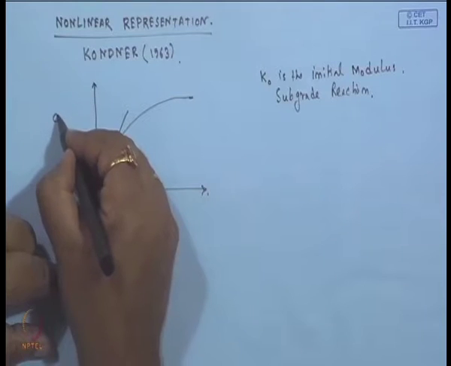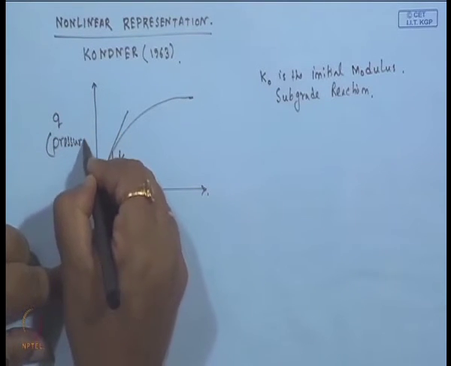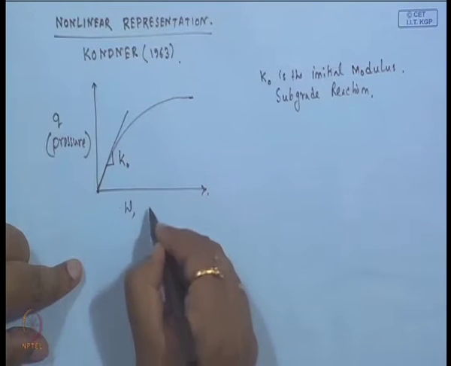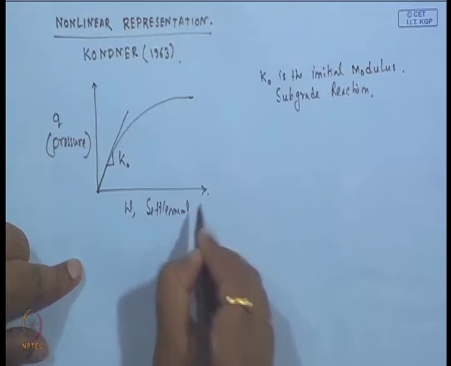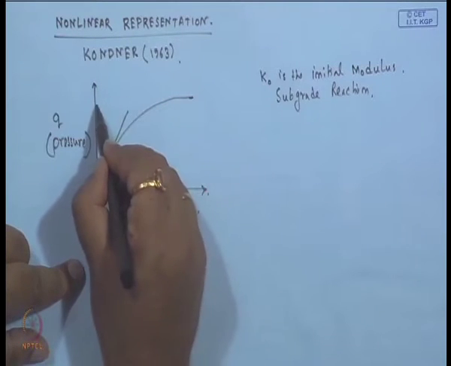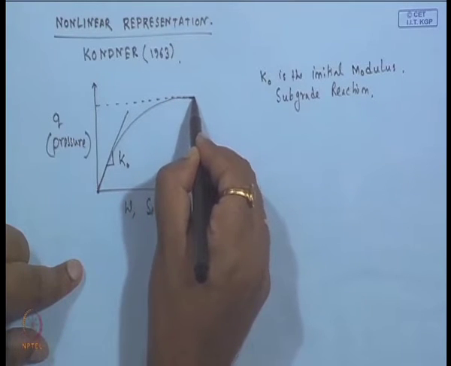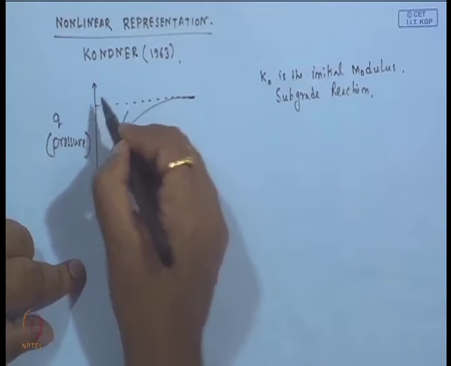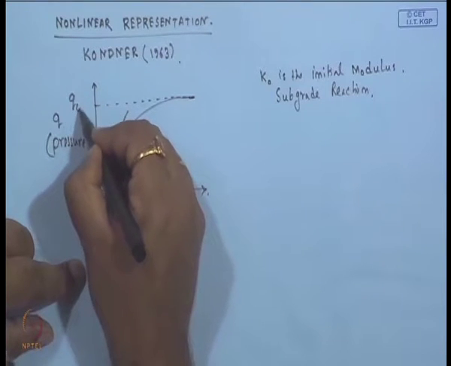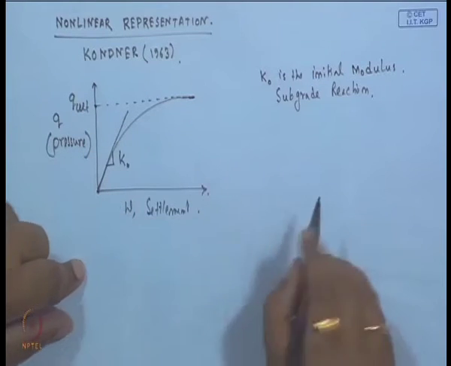Suppose this is again Q, the pressure, W is the settlement, and if I draw this parallel line from this ultimate load point, then we will get this point as Q ultimate. So, this value will give Q ultimate.